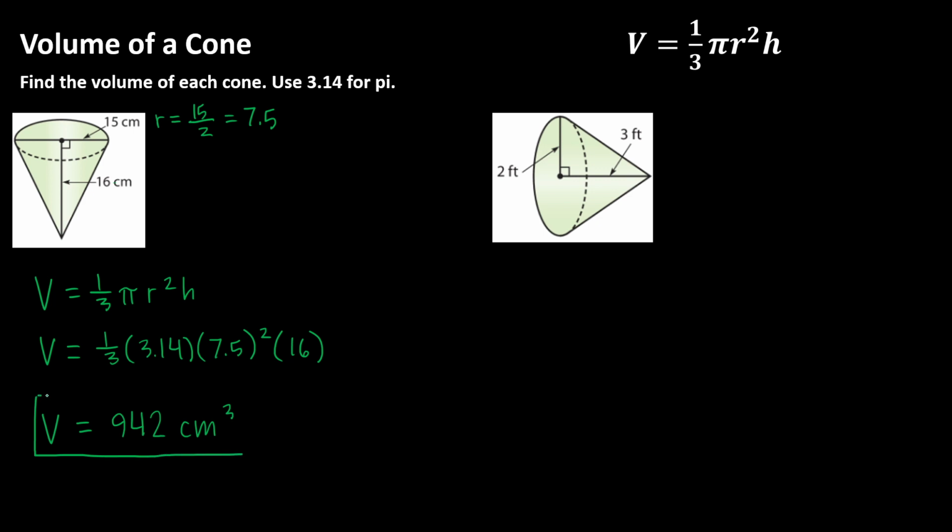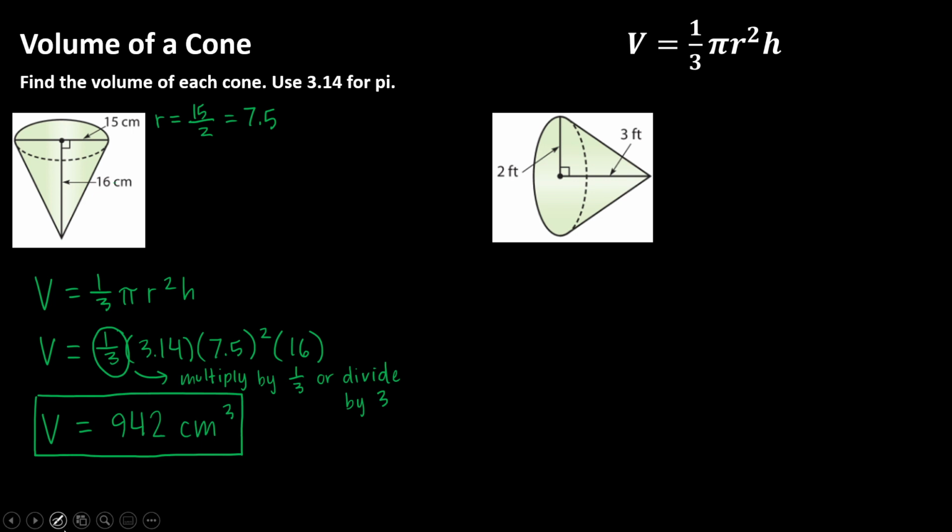If you're having trouble multiplying by 1/3, an alternate way of calculating this is divide by 3. So when we see 1/3, we multiply by 1/3, or just divide the product of the rest of the numbers by 3. Let's try another one.